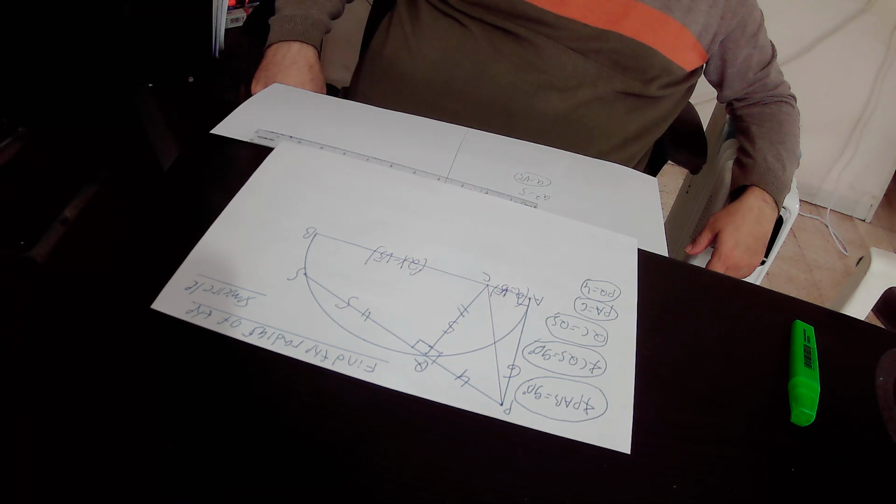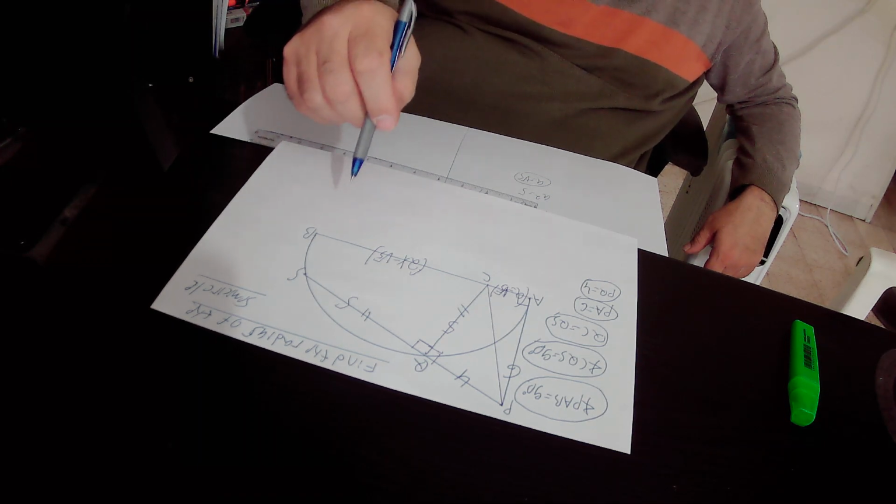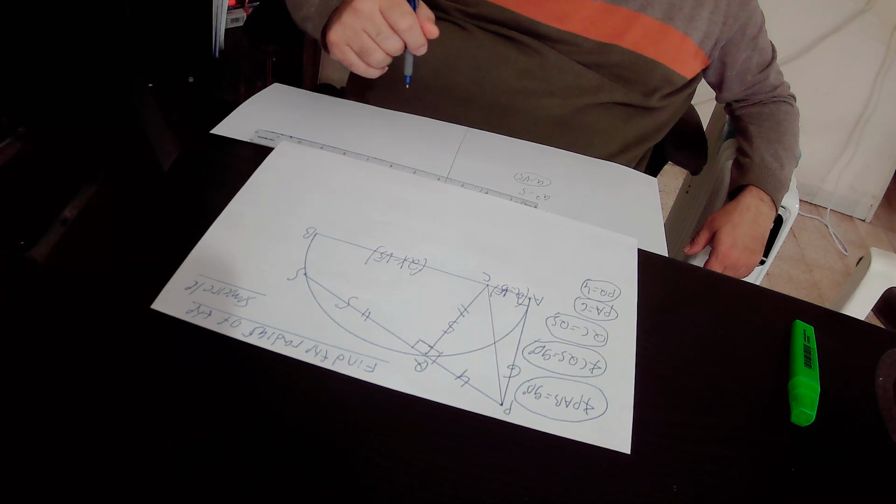In the next step, we'll complete the semicircle to a circle.